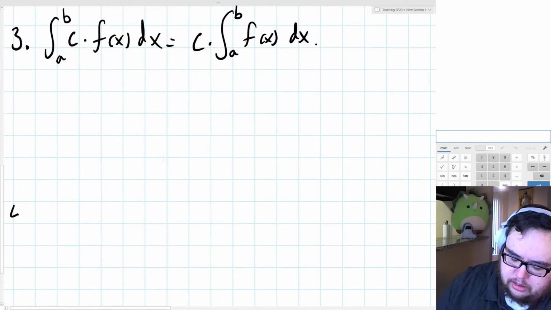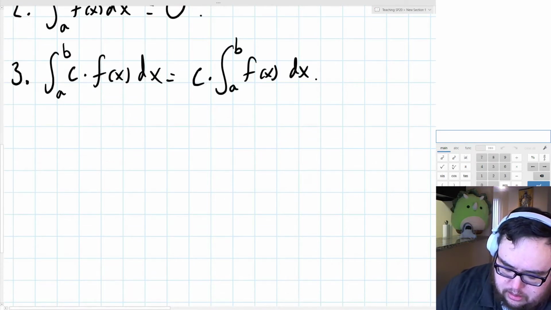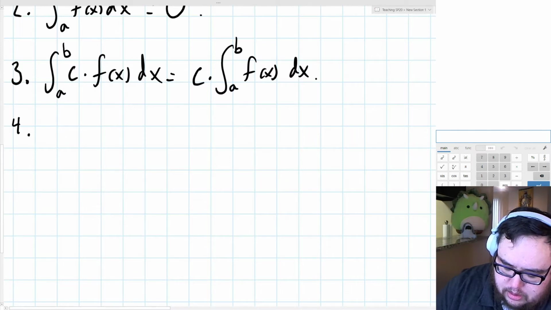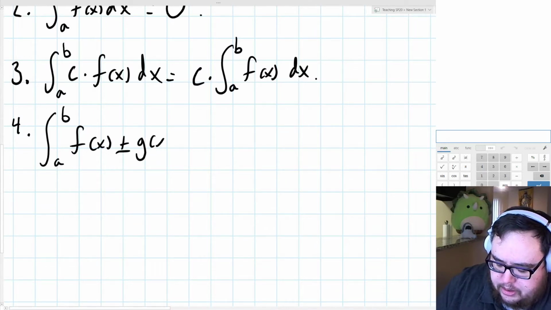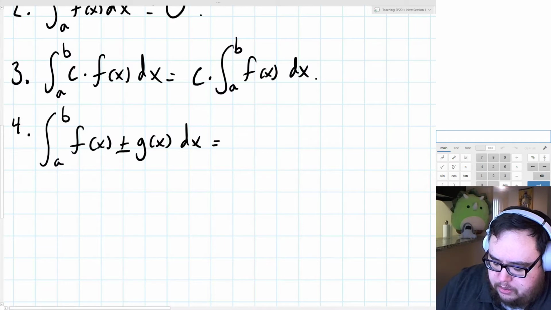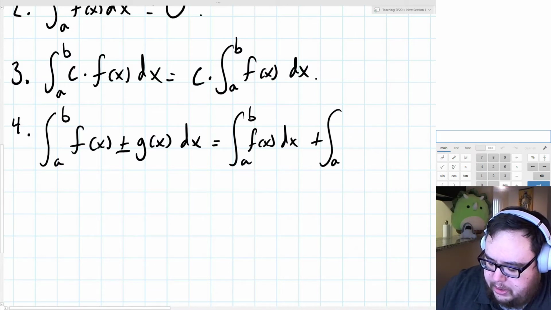Similarly, the integral from a to b of f of x plus or minus g of x is equal to the integral from a to b of f of x dx plus or minus the integral from a to b of g of x dx.